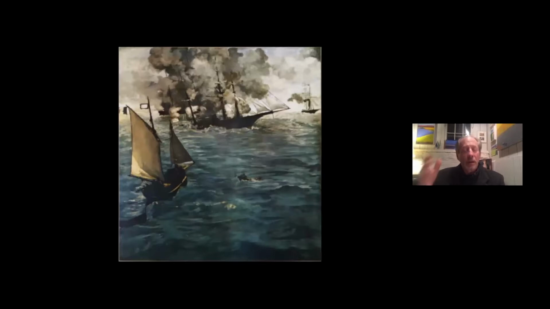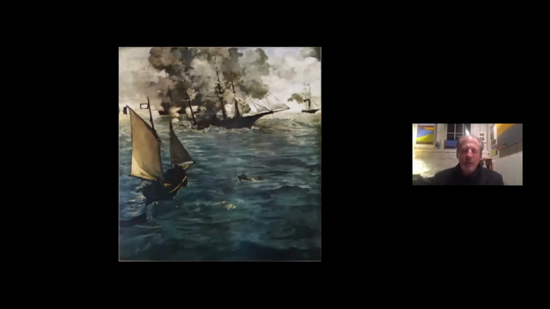This is the Battle of the Alabama and the Kearsarge, two American ships during the Civil War. The Alabama was in a French port for repair, and the Kearsarge came, which was a Union ship, and sank it.